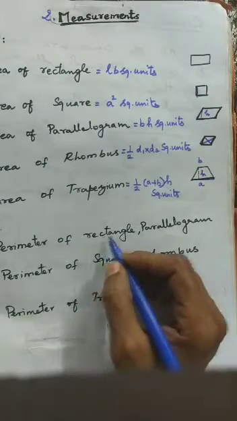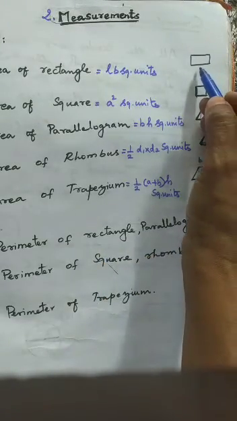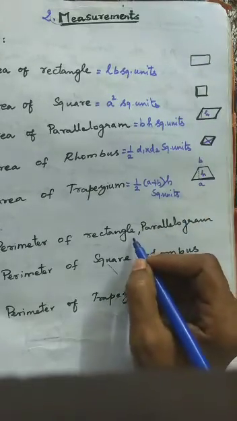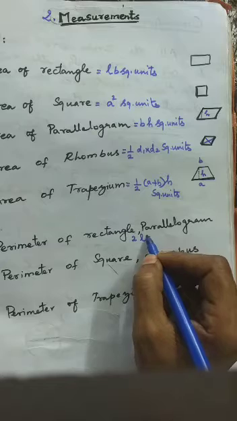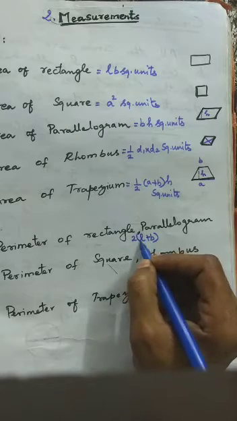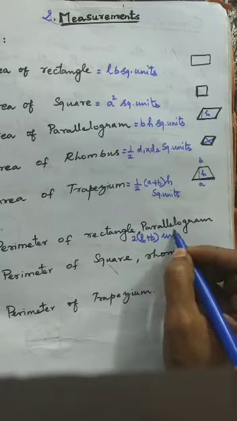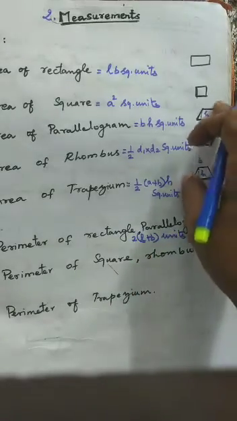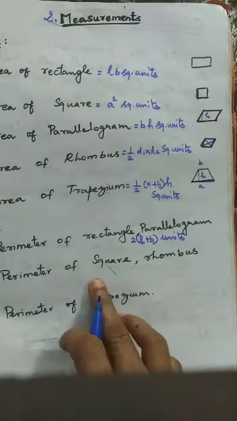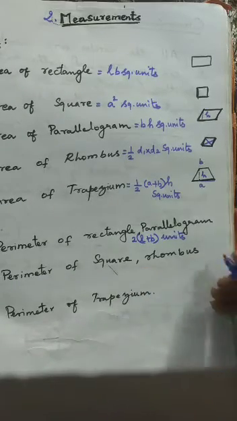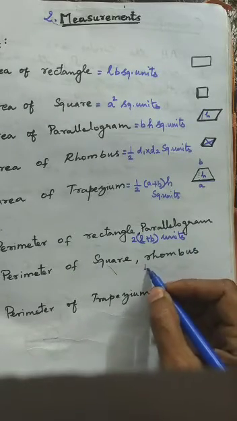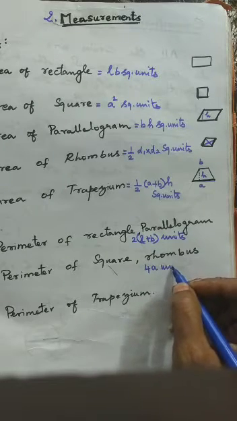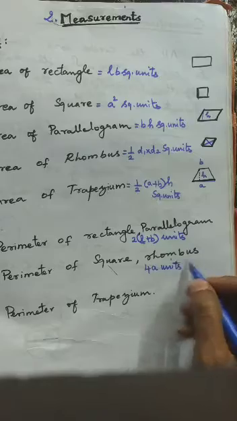So here rectangle, here L, L, here B, B. So 2 into (L plus B) units for rectangle. For parallelogram also, we have to add all the sides. Then for square and rhombus, 4A. All the sides are equal, no? So 4A, A plus A plus A plus A.